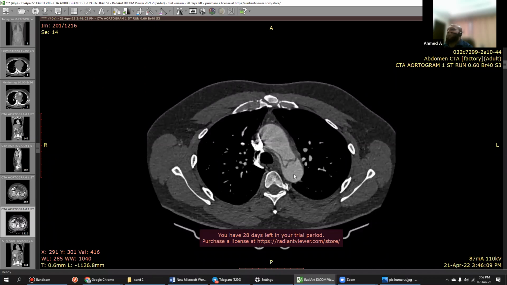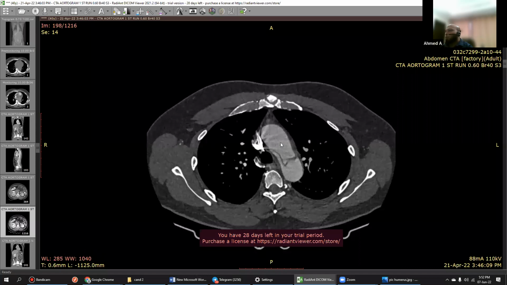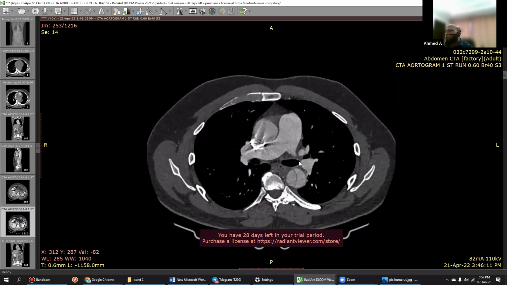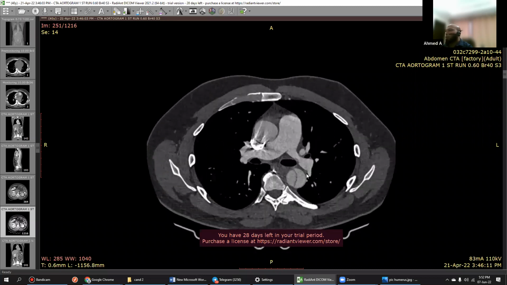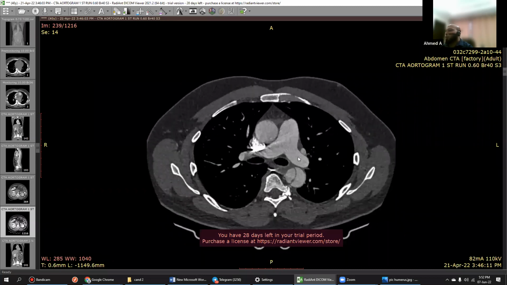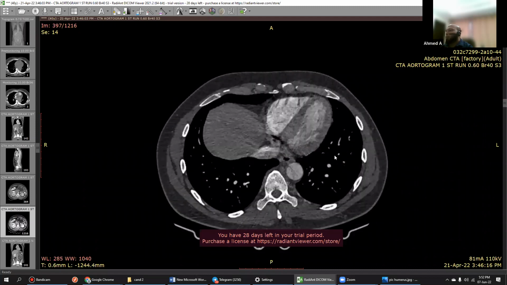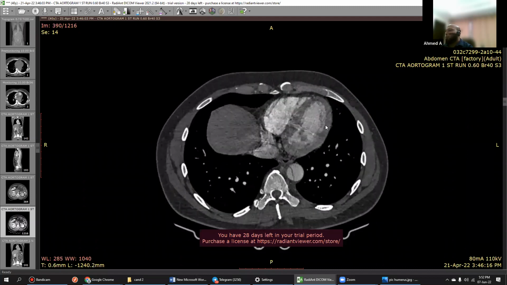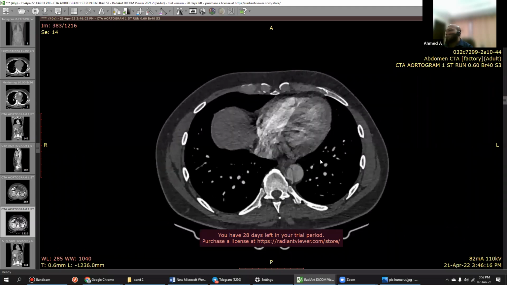The other point I need to add is you need to tell that it is not extending to the aortic root, and you should tell that coronary arteries are not involved, the main pertinent thing. You should also say there is no significant hemothorax, because it's not tending to rupture. Understood? And you should also tell that you will measure the size. Size is also important. There is no significant dilatation as of now.